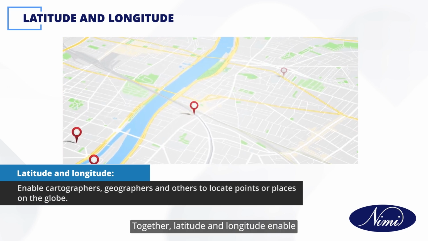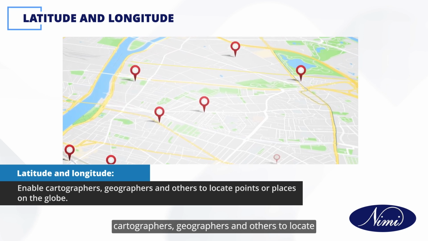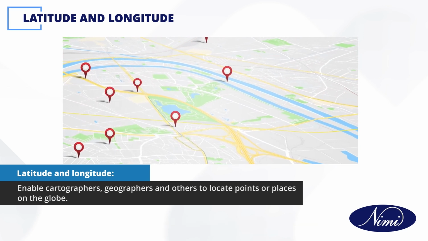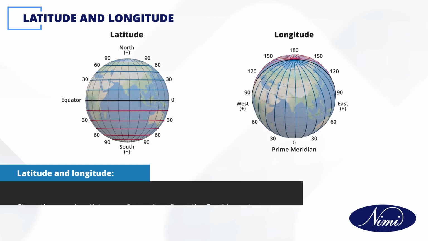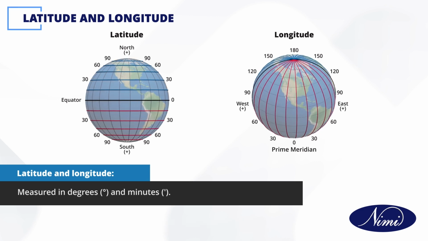Together, latitude and longitude enable cartographers, geographers, and others to locate points or places on the globe. They also show the angular distance of any place from the Earth's center. Latitude and longitude are both measured in degrees and minutes.